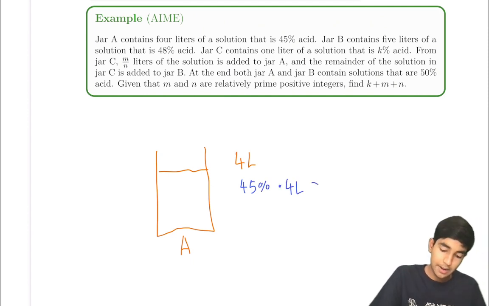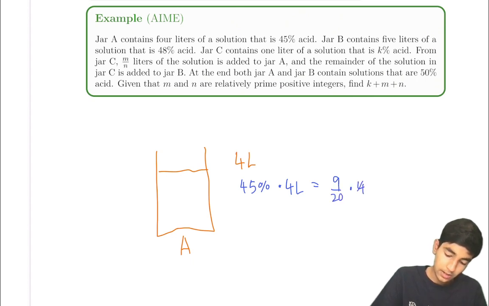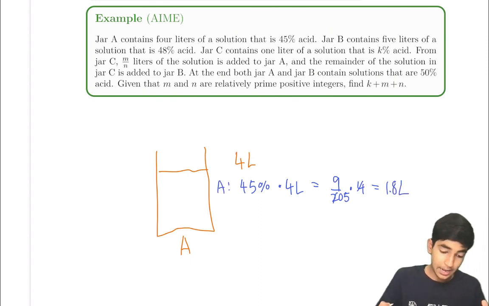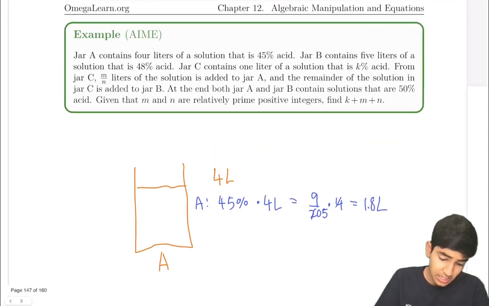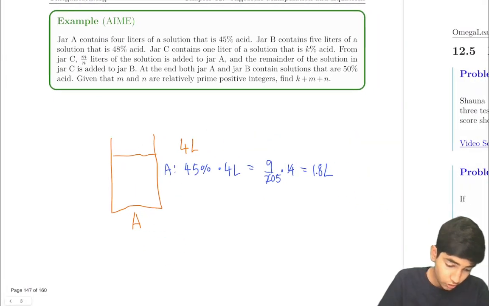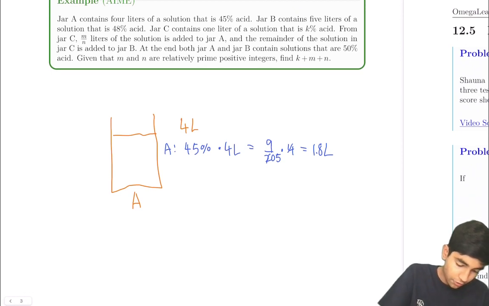This is 9 over 20 times 4, cancel, cancel, cancel. That's 1.8 liters of acid.